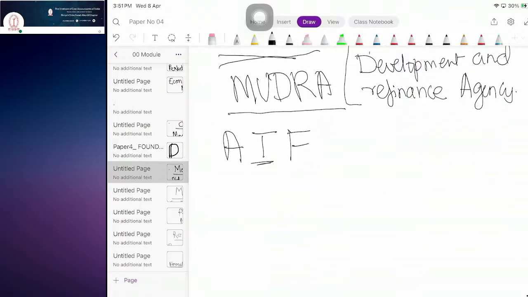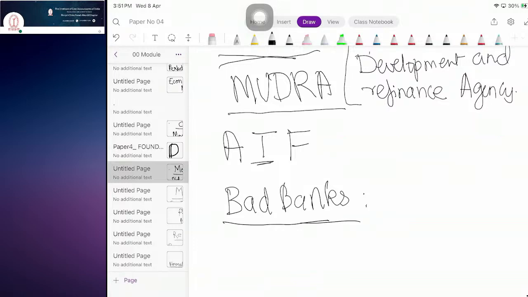Okay, a term which came into use in the recent past is bad banks. That is banks which have given credit to parties who are not paying back the money. The moment there is a default in repayment, this creates bad loans.